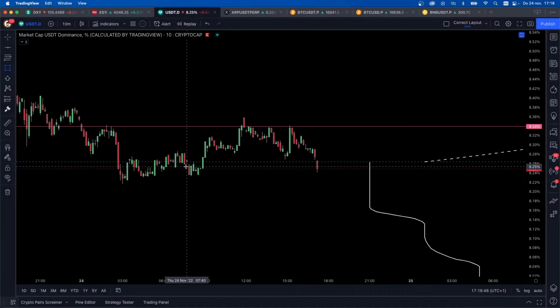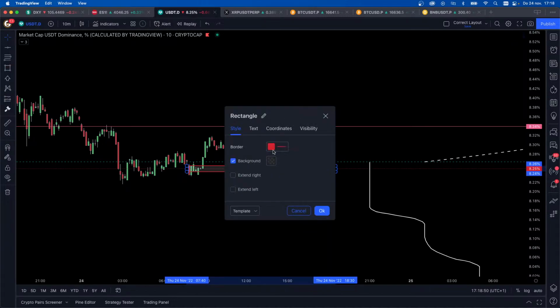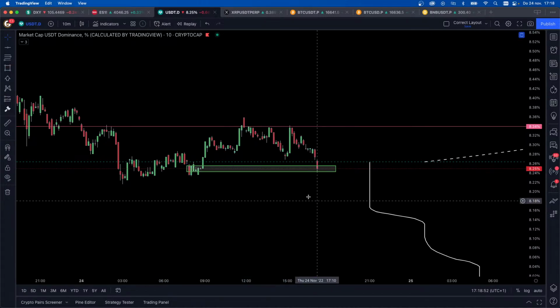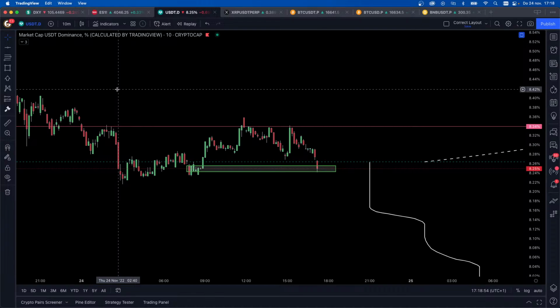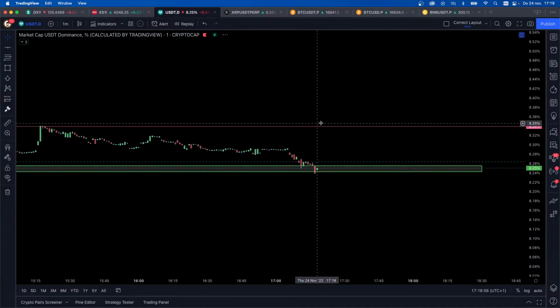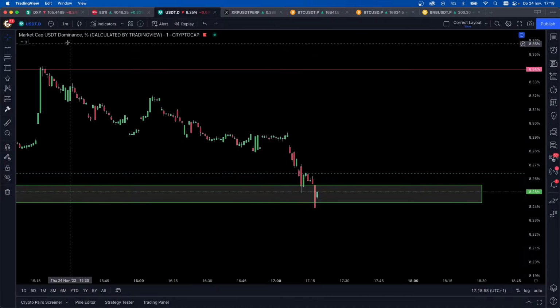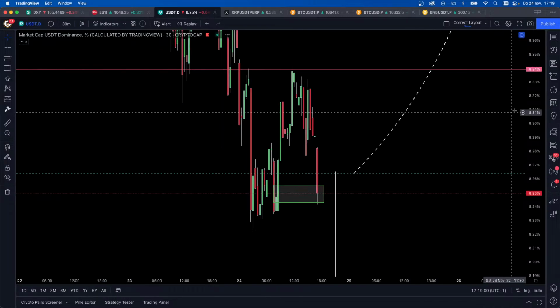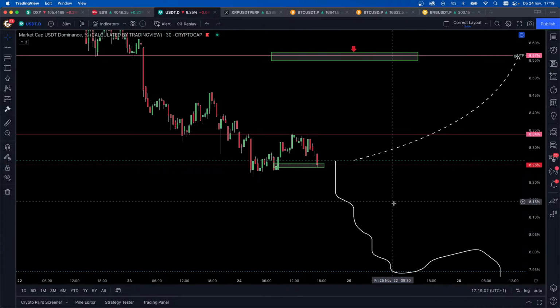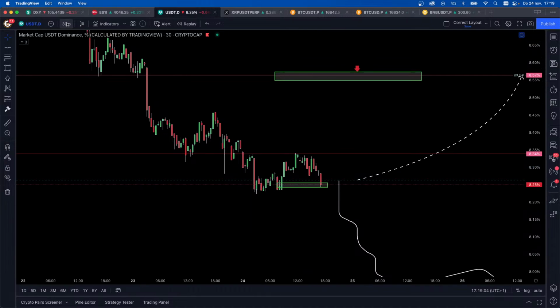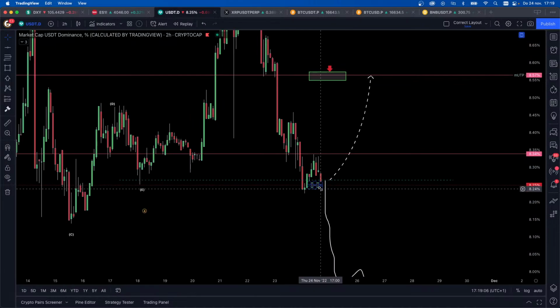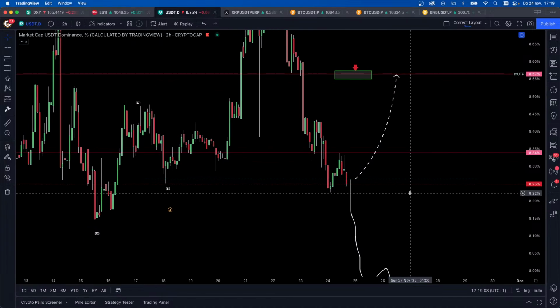But it's also at our last support. If we break that level, then we are going way lower. And it just seems very weak.